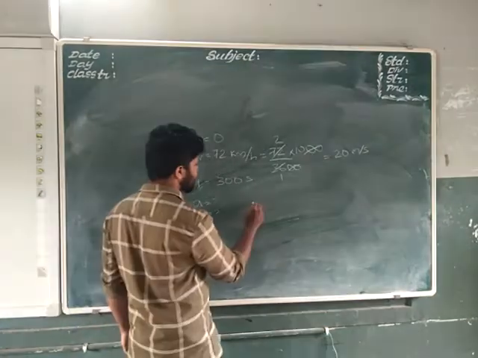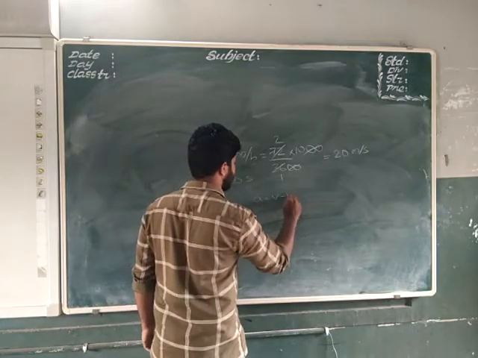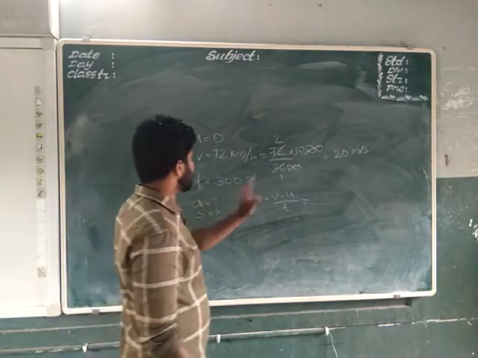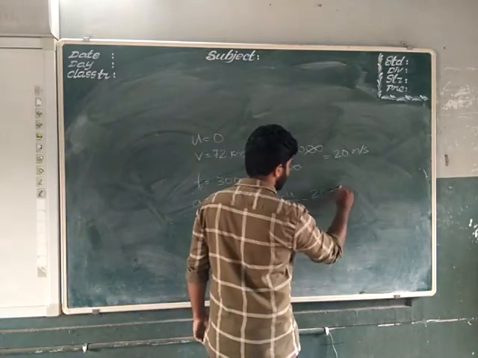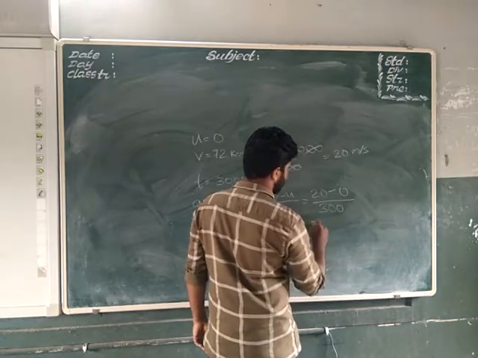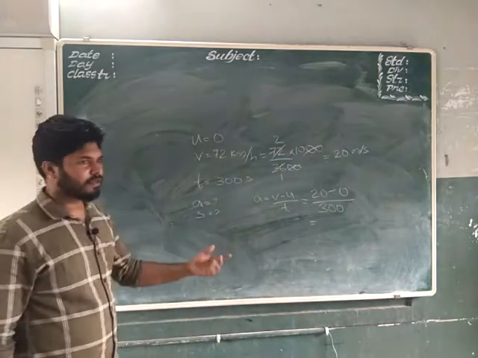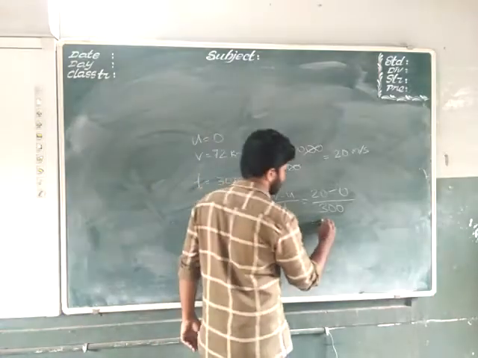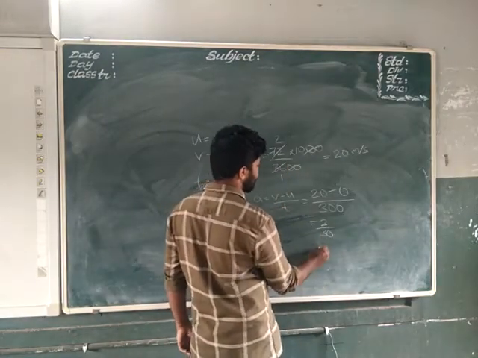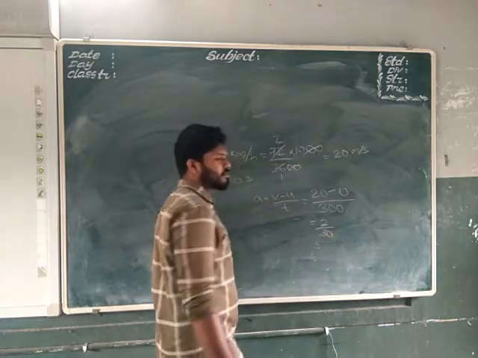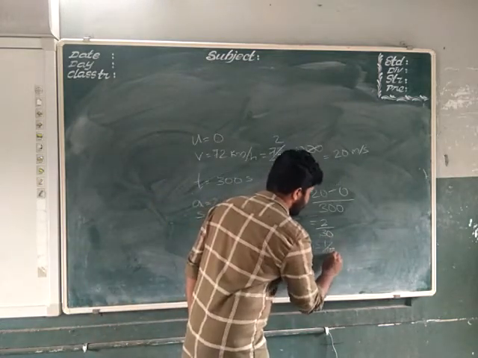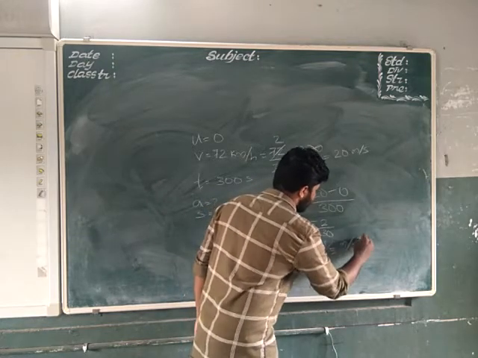Now the equation for finding acceleration: a equals v minus u divided by t, where v is equal to 20. 20 minus 0 divided by 300, which is 20 by 300, equal to 2 by 30. So we can write 1 by 15 meter per second square.